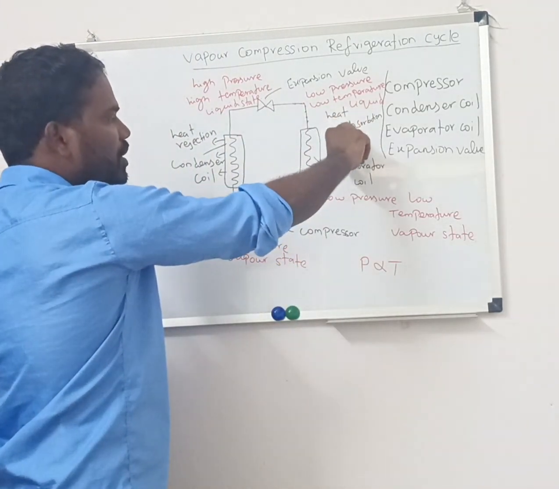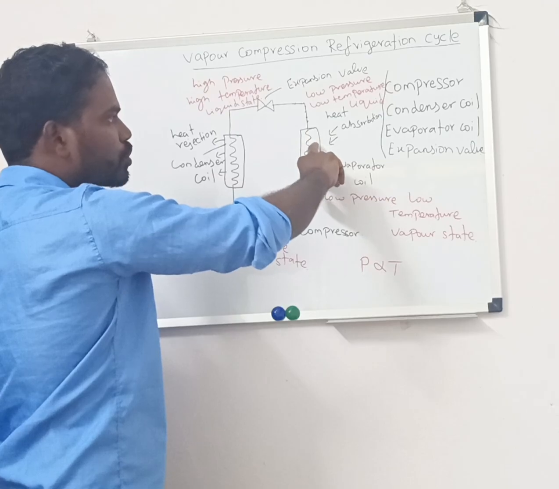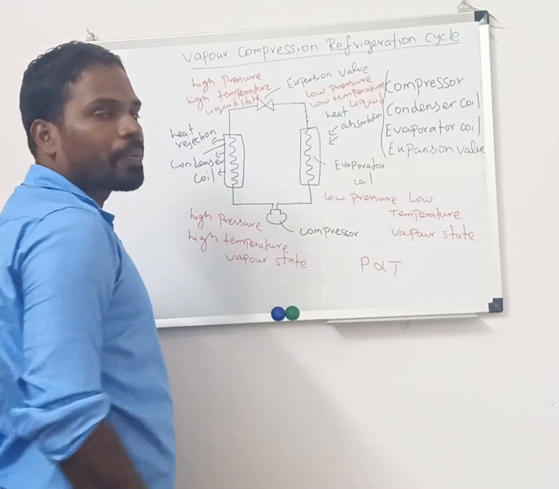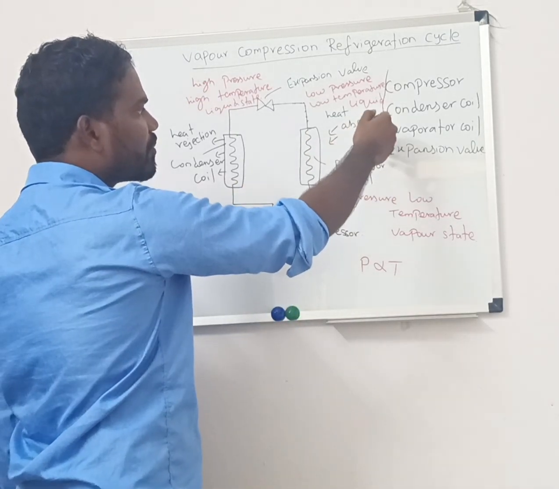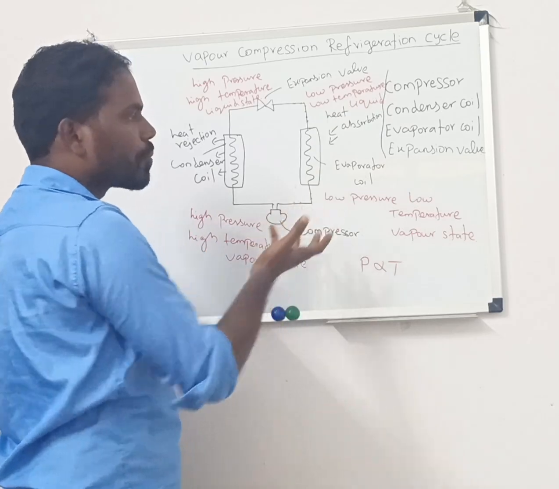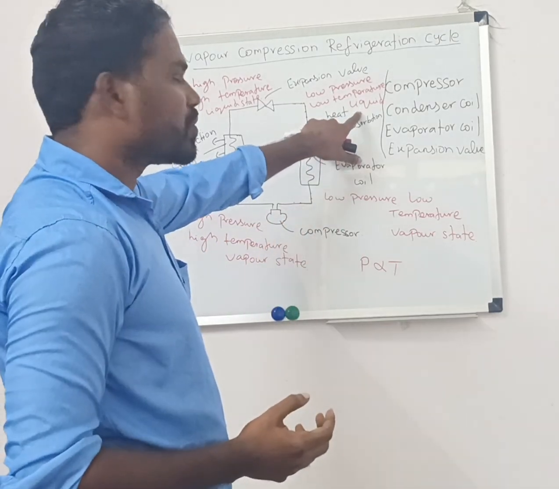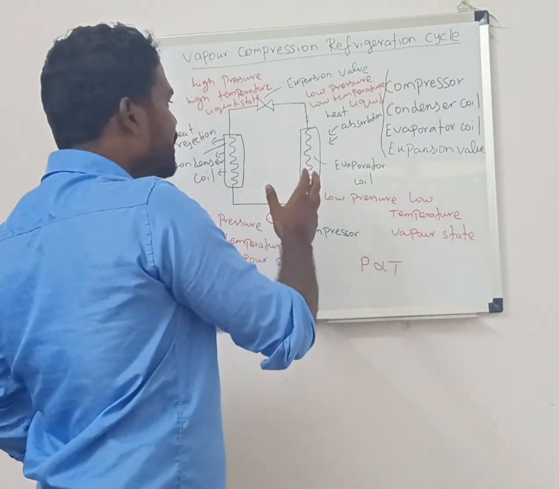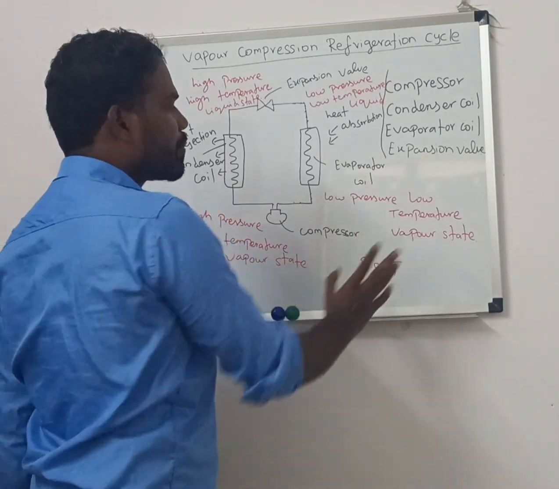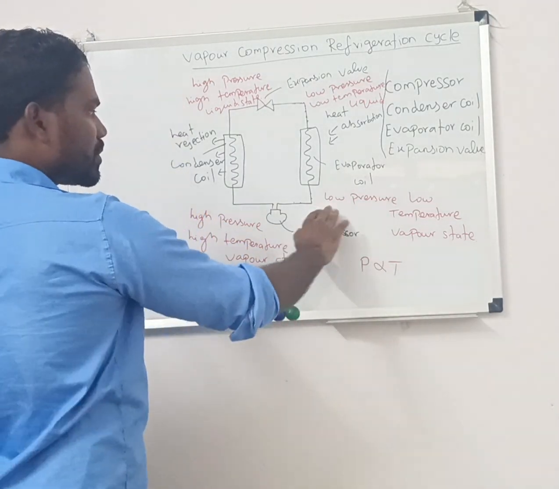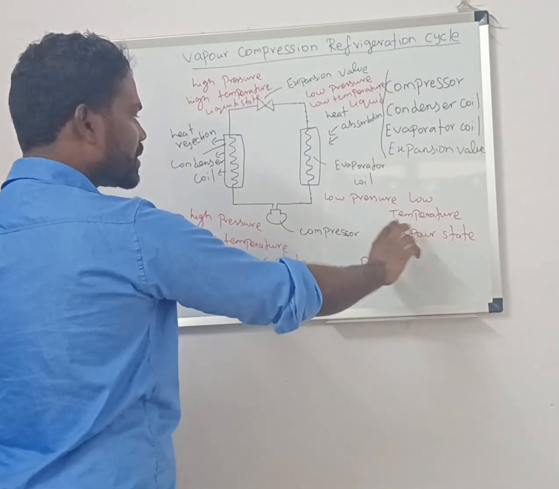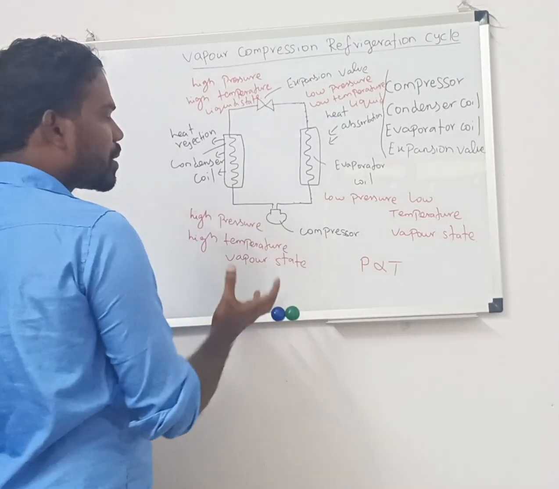Again the low pressure, low temperature liquid state will flow through the evaporator coil, and again heat will be absorbed by the evaporator coil, and the liquid will evaporate to vapor state. Again it comes to low pressure, low temperature vapor state and enters the compressor.